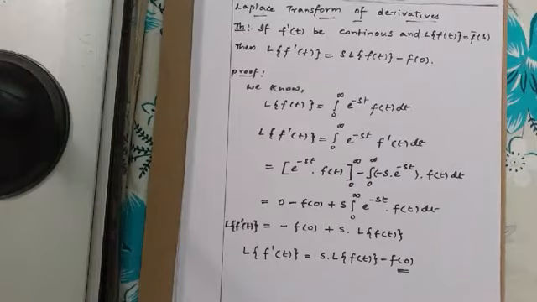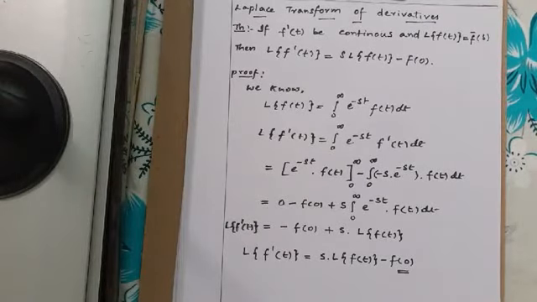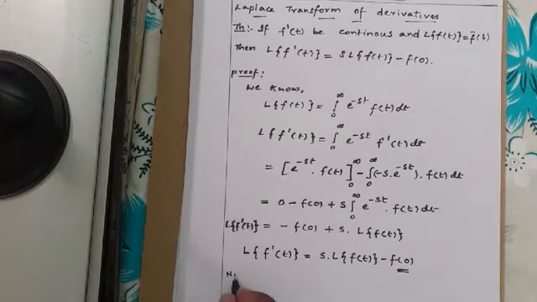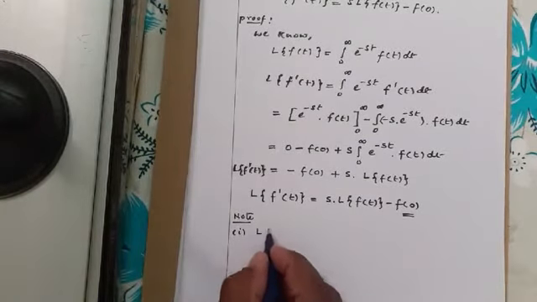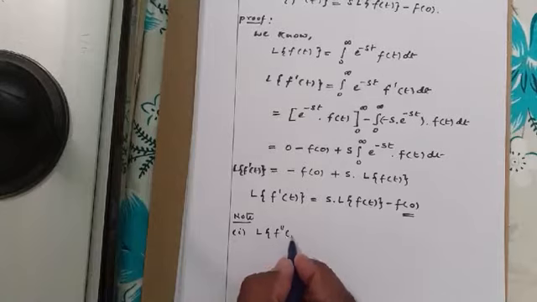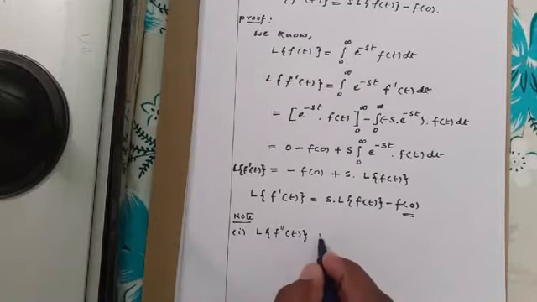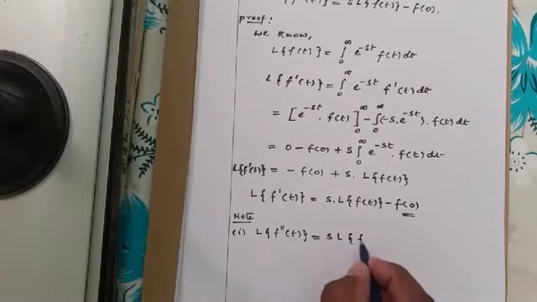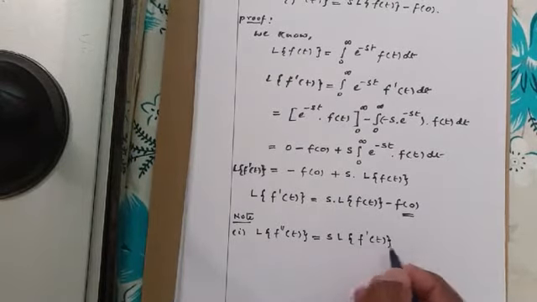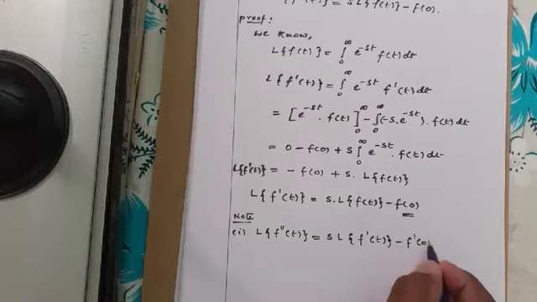This is the Laplace transform of derivatives. Now before starting the problems based on this, let us write notes. Note 1: Laplace of f double dash of t is equal to s L of f dash of t minus f dash of 0.